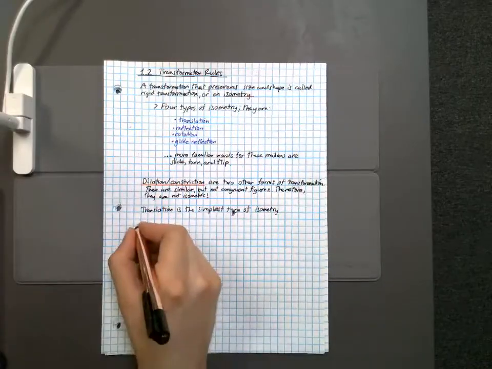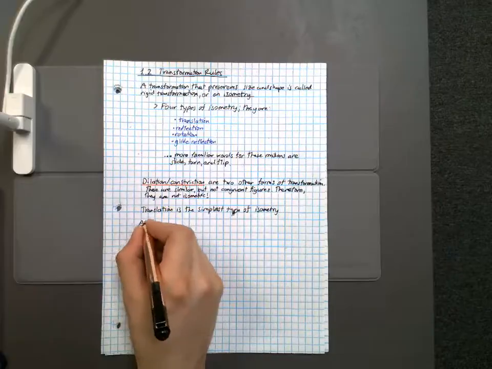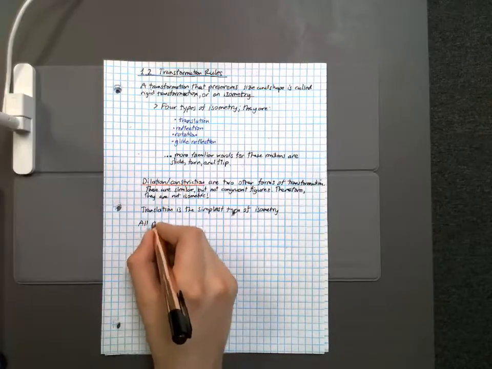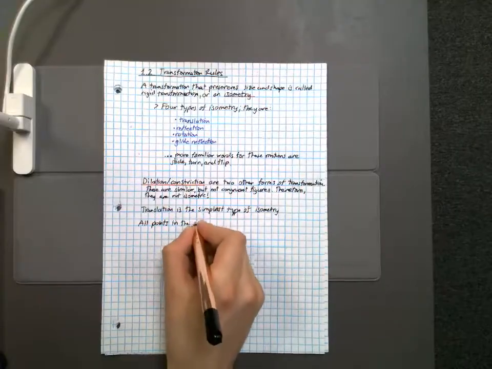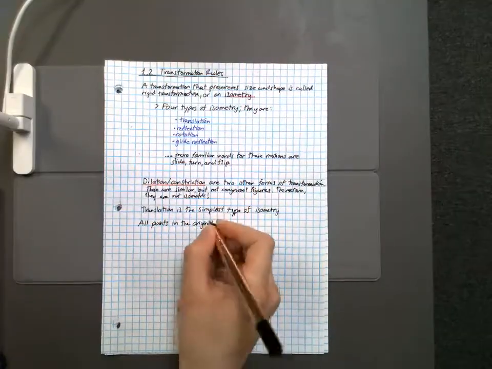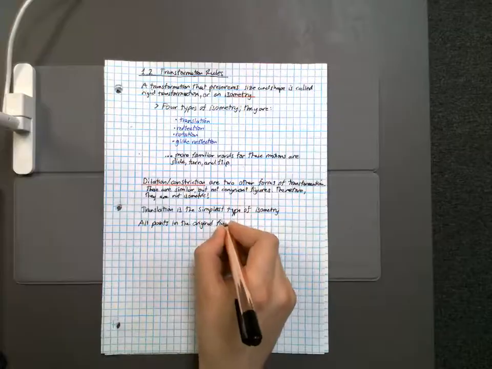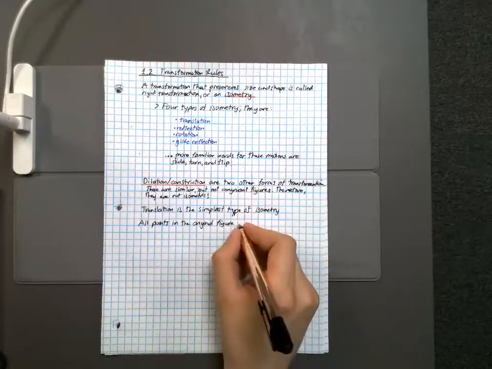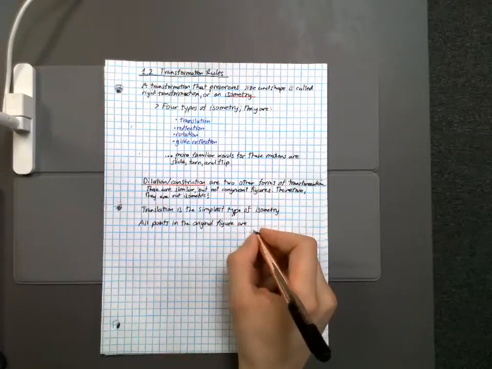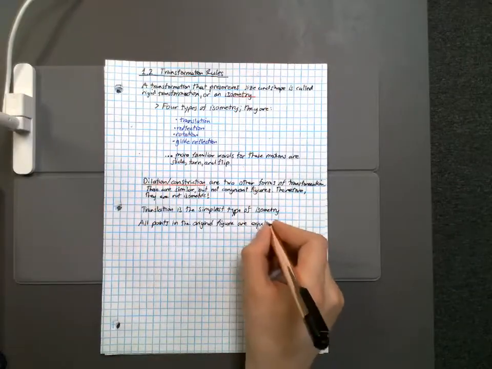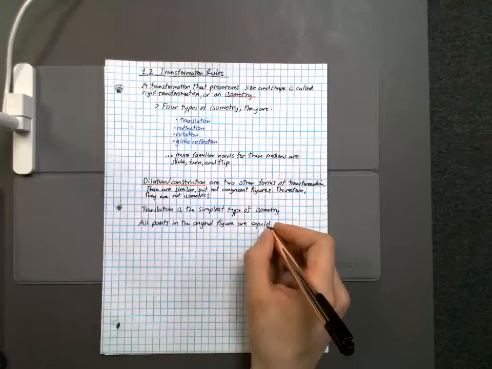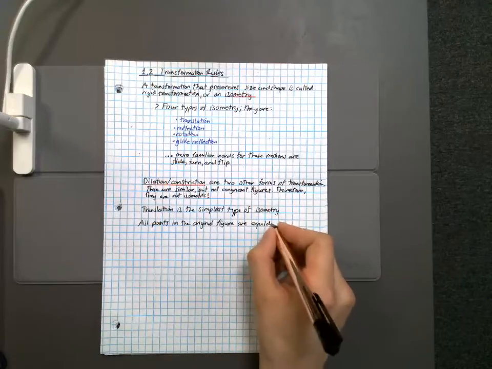And finally, all points in the original figure are equidistant. Okay, now that's just basically a fancy term to say that all the things are the same distance. Okay?